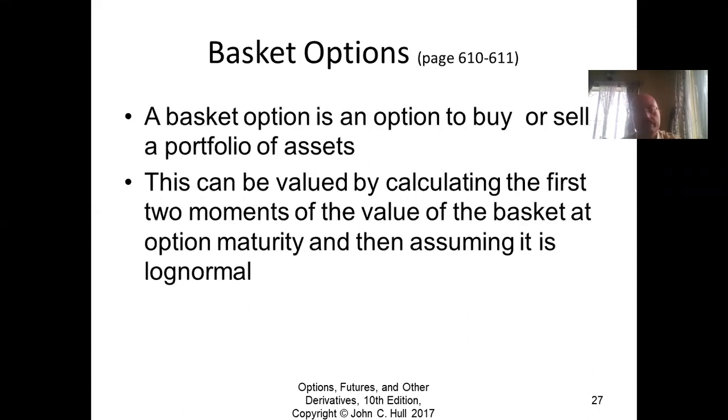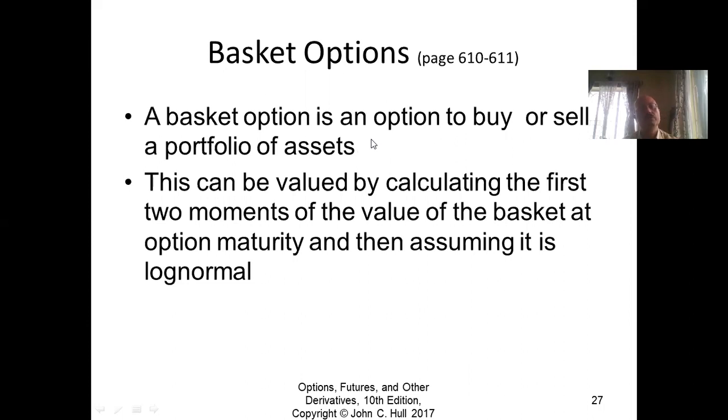Basket options are again like packages. So you can buy or sell a portfolio of assets using an option. And in a basket option, because we are using a linear combination of different asset prices, again the log normality assumption is approximate.